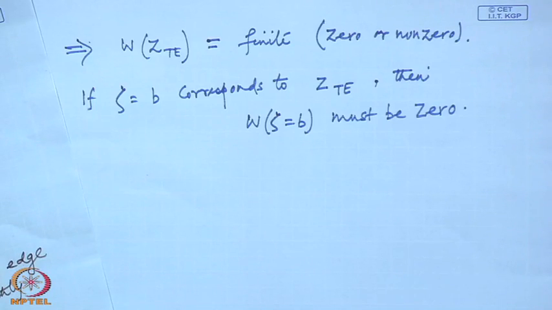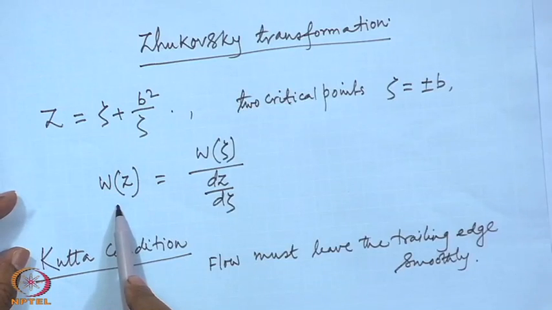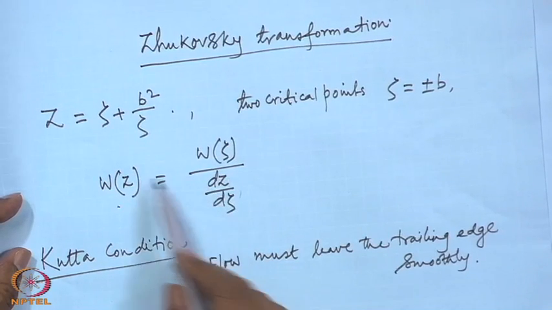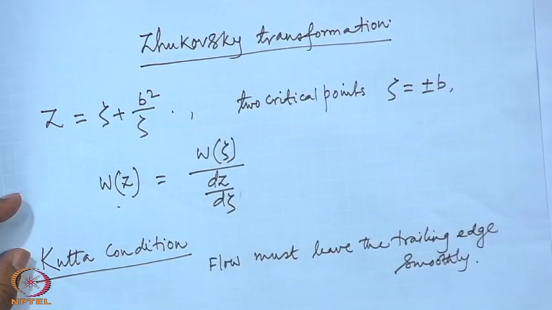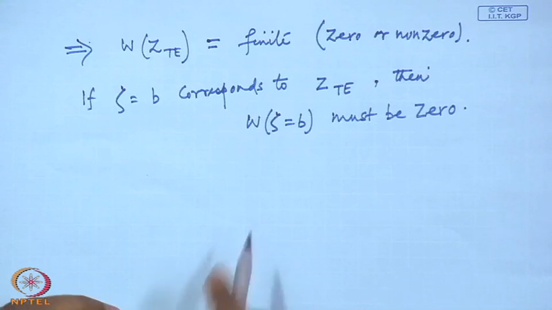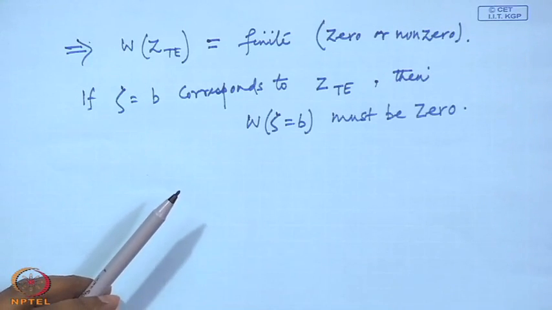At the trailing edge of the airfoil, this dW/dZ is finite, okay, and at the critical point dZ/dzeta is 0. So, if this has to be finite, then dW/dzeta must be 0. And this will now help us to find the value of circulation.